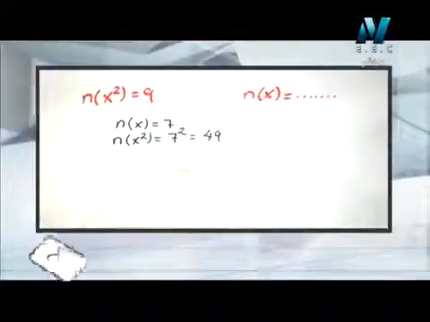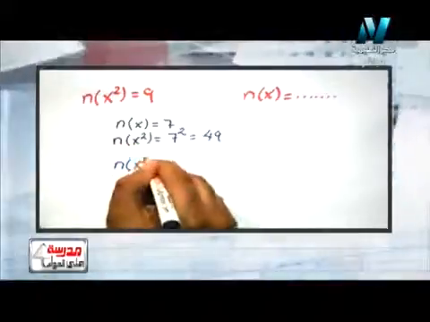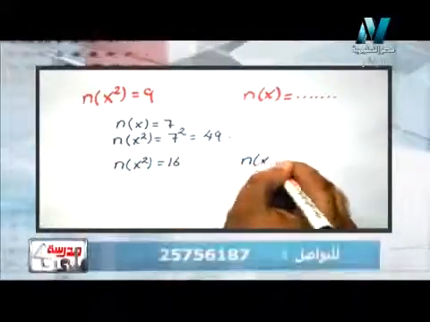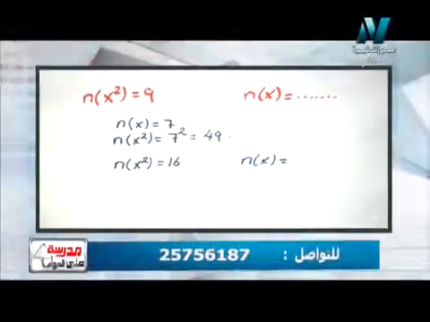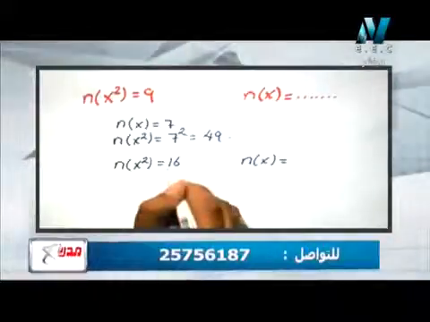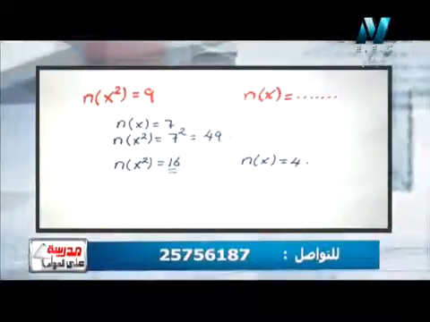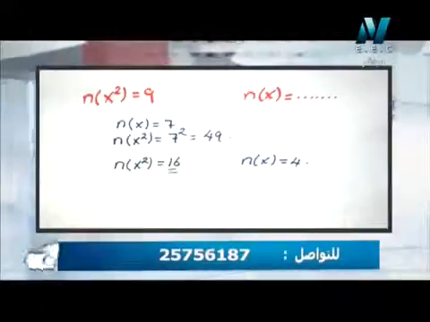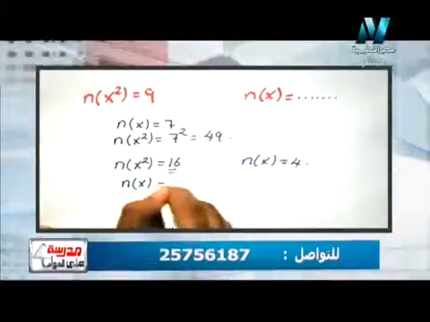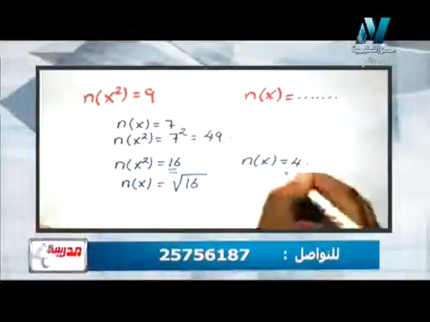It means n of x squared equals 16. Then can you find n of x? I think it will be very simple. You can ask yourself which number times itself equals 16. It will be 4. Is there another solution other than mentally? You can use a calculator to find the answer. n of x equals the square root of 16. The answer will be 4.